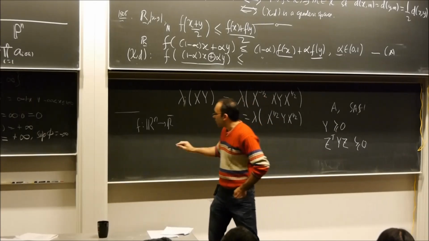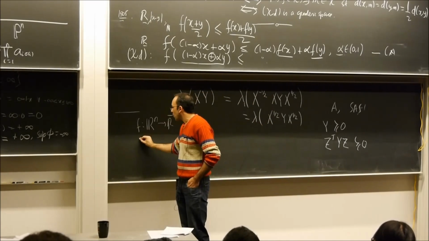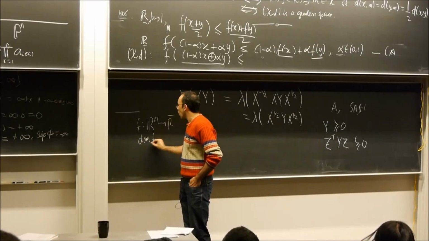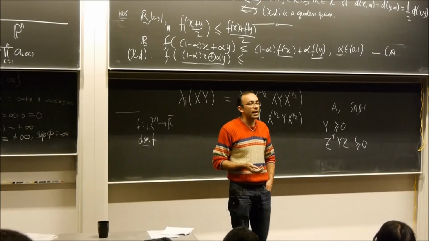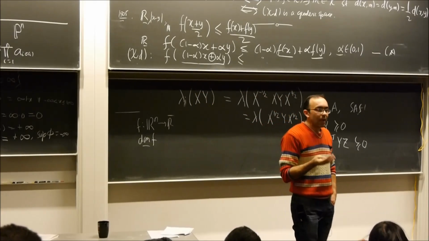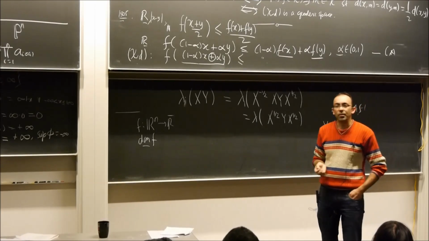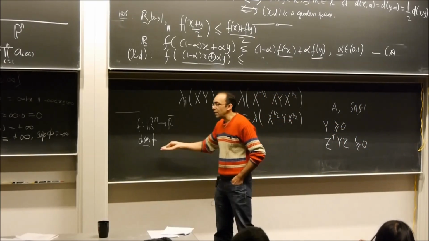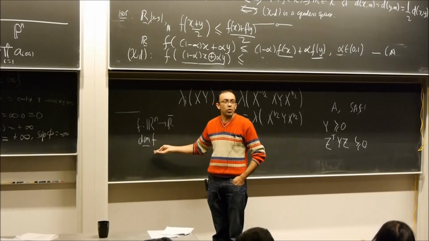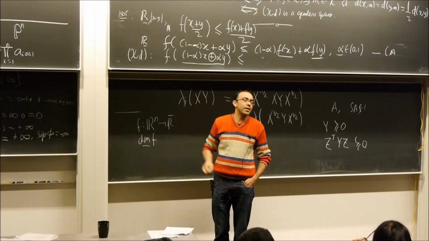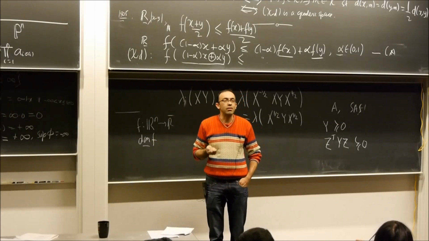Whenever we write dom f, as in Boyd's book and other textbooks, that is just the set on which f is smaller than infinity, meaning it takes a real value. And usually we request that it have a non-empty domain. Otherwise, if it's plus infinity everywhere, good luck minimizing it, right?